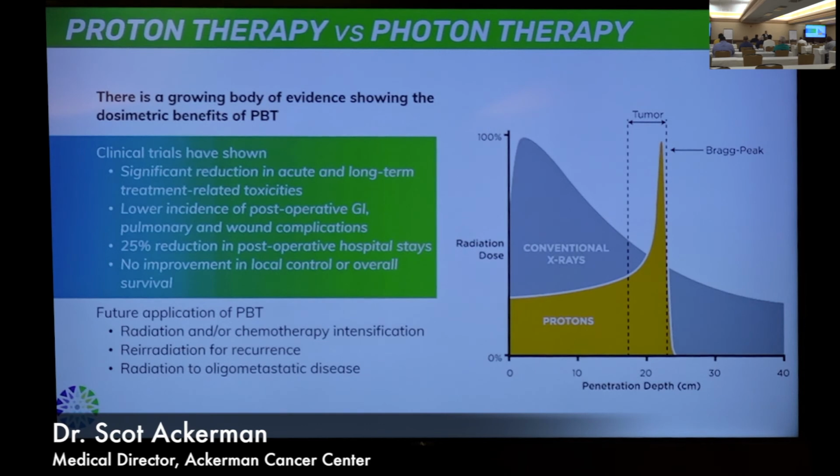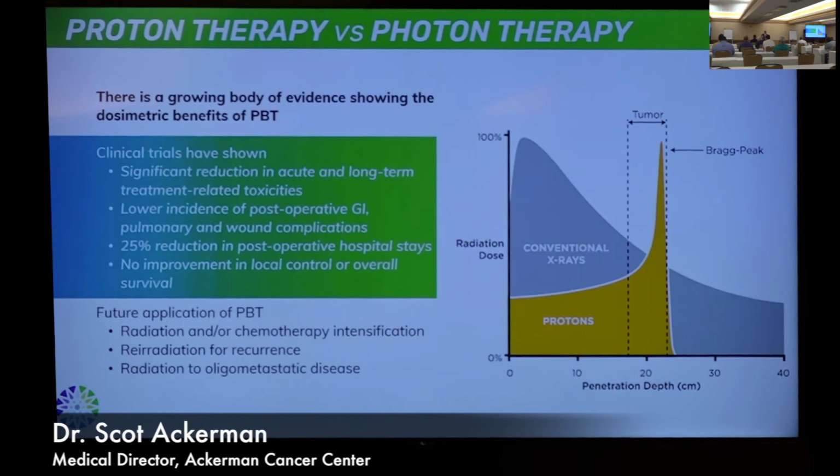Clinical trials have shown a significant reduction in both the acute and long-term treatment-related toxicities. There's a lower incidence of postoperative gastrointestinal, pulmonary, and wound complications. There's a 25% reduction in postoperative hospital stays by using protons as opposed to IMRT radiation in preoperative treatment for esophageal cancer, but there's no improvement in local control or survival.